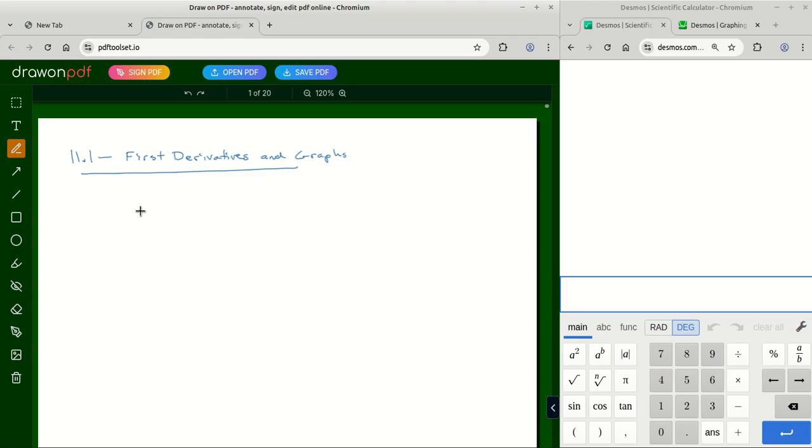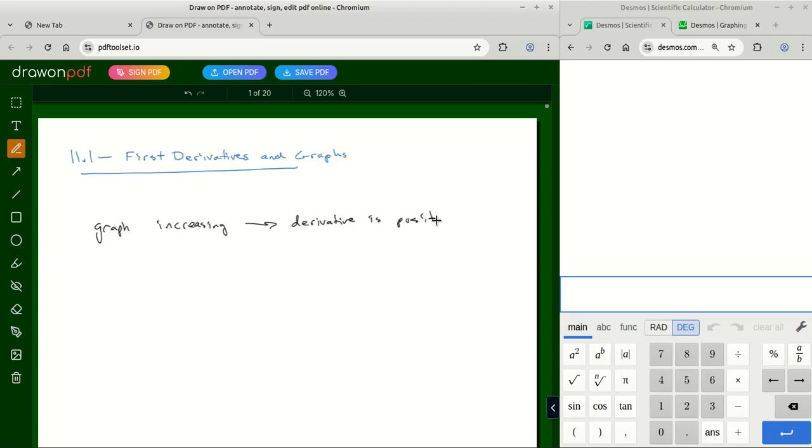It'll be great. So, we're talking about the graphs of first derivatives, and I just want to say, going into it, if you have a graph that is increasing, like on the original graph, that means that the derivative is positive.